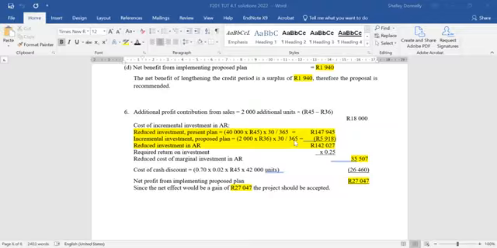So it's times 30 over 365, the incremental investment, the additional investment in accounts receivable that the proposed plan will bring about. So those two added together means a reduced investment in accounts receivable overall. So that's a good thing.